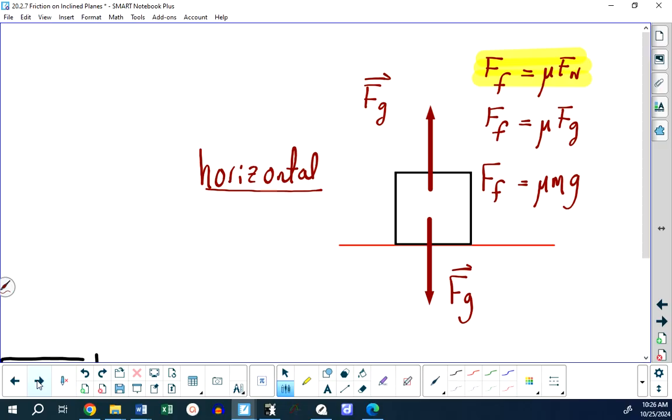In fact, do you agree that the angle is 0 degrees? The perpendicular component of gravity will be mg cosine of theta. That's what we've taught.